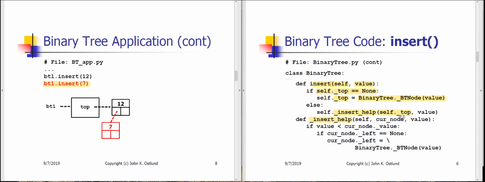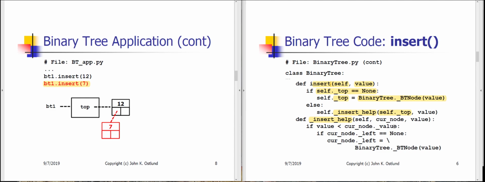And the third parameter is 7, the value that we want to insert. Now, our rule for the way that this binary search tree is structured is that if the new value we're adding is less than the current node's value, we're going to insert that new value to the left side. Otherwise, if the new value was greater, we would add it to the right side. But in this case, 7 is less than 12. Okay, 7 is our value.